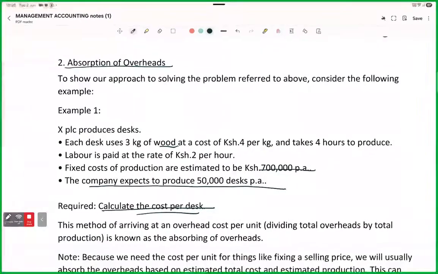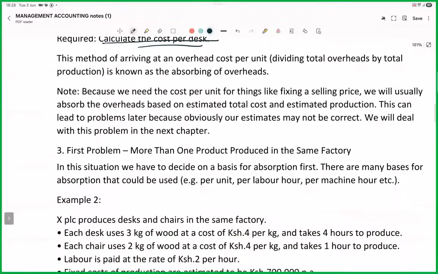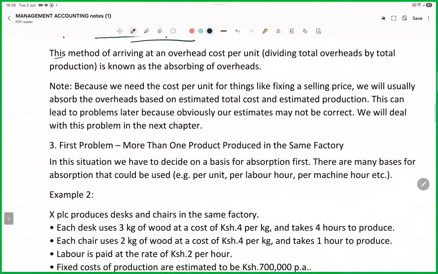So then if you're following, you're being told here, this method of arriving at an overhead cost per unit, dividing total overheads by total production, is known as absorbing what here, somebody? Overheads. Don't write this.